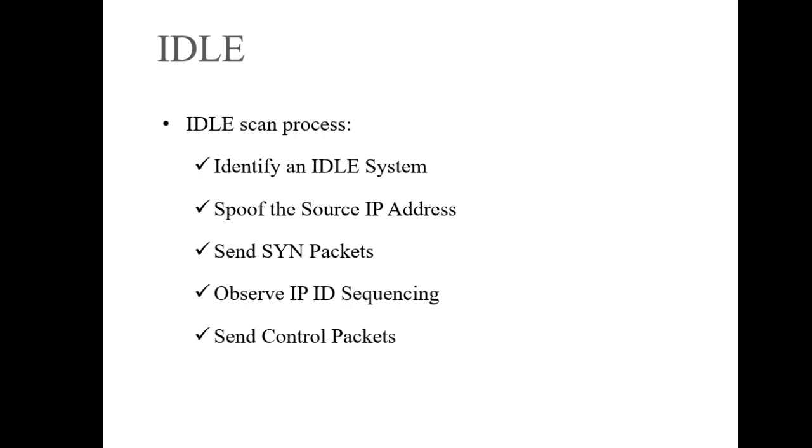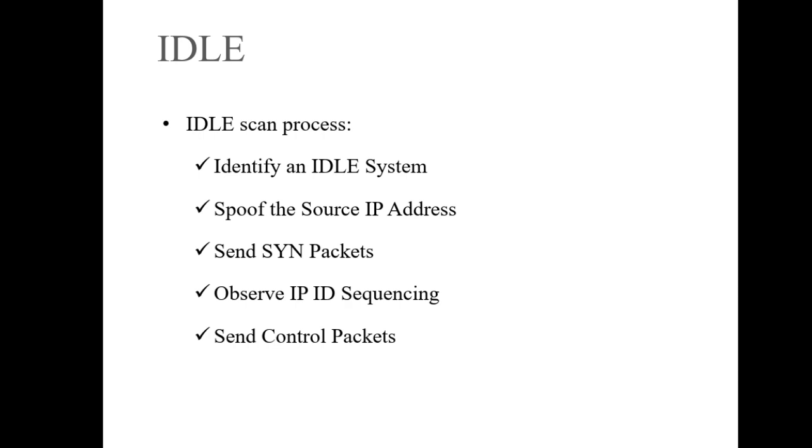Then the third one, send synchronize packets. In sending synchronize packets, the attacker sends these TCP synchronize packets to the target system's ports through the idle system. The target system responds with synchronize-acknowledgement packets, believing that they are communicating with the idle system.